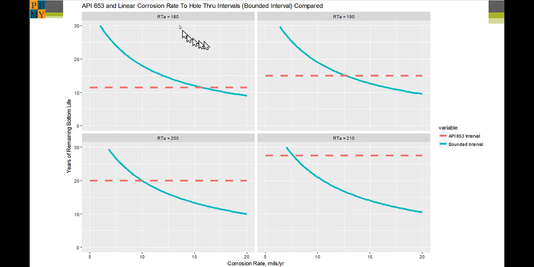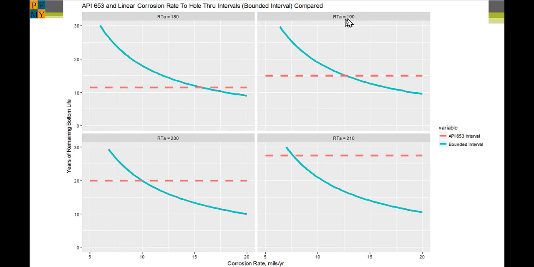What it depends on only is the repair to thickness, in this case 180 mils. The blue line is the bounded corrosion rate, and at this point up to 16 mils per year it does not make any difference whether the 653 method is used or the linear corrosion rate method is used.